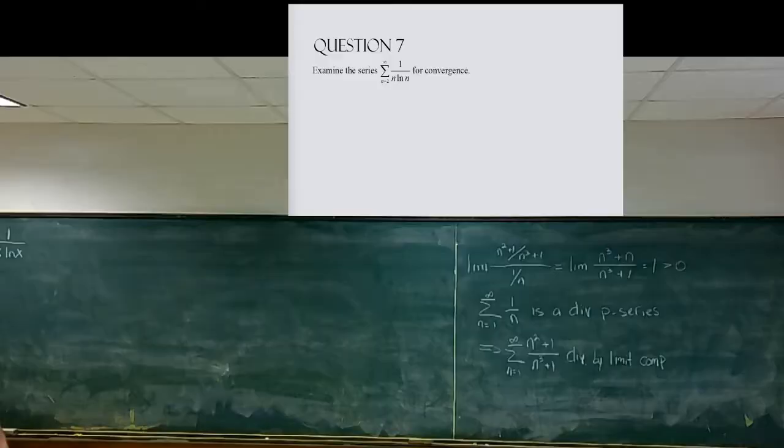What does the integral test say? f has to be what? Continuous, positive, and decreasing on 1 to infinity. Well, in this case, 2 to infinity. The test says 1 to infinity, but it's wherever we're starting, so I can just do 2 to infinity.